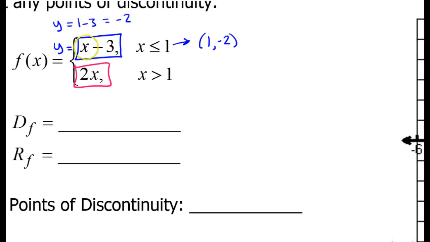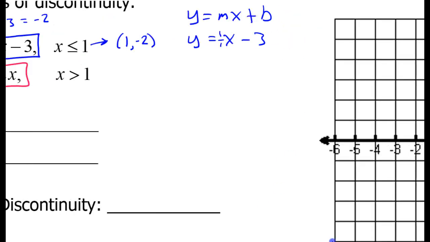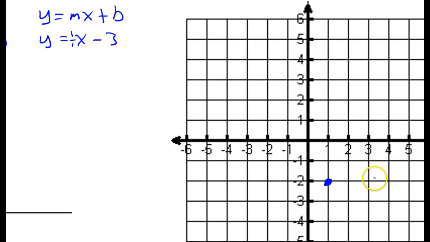Okay? Now, however, think about the slope. Remember y equals mx plus b? So this line, y is equal to x minus 3, the slope is 1. So it's like 1 over 1. If I were going to the right, from this point I would go up 1 over 1, like this.